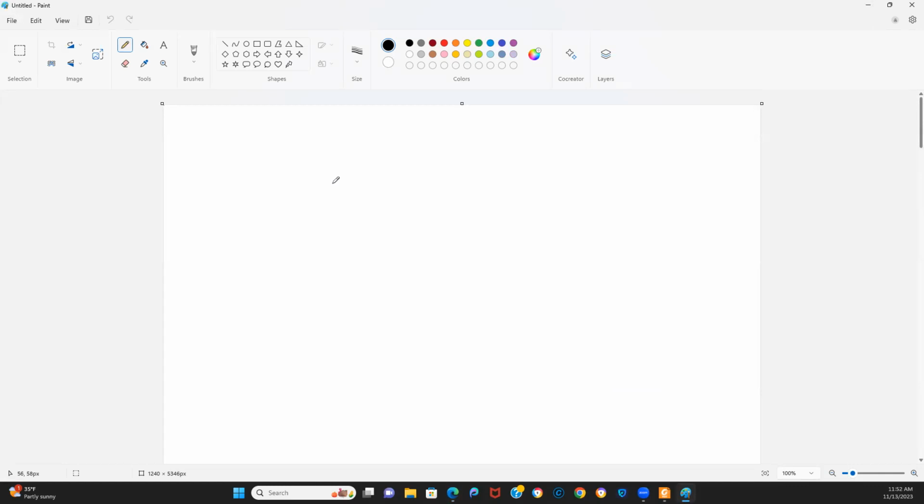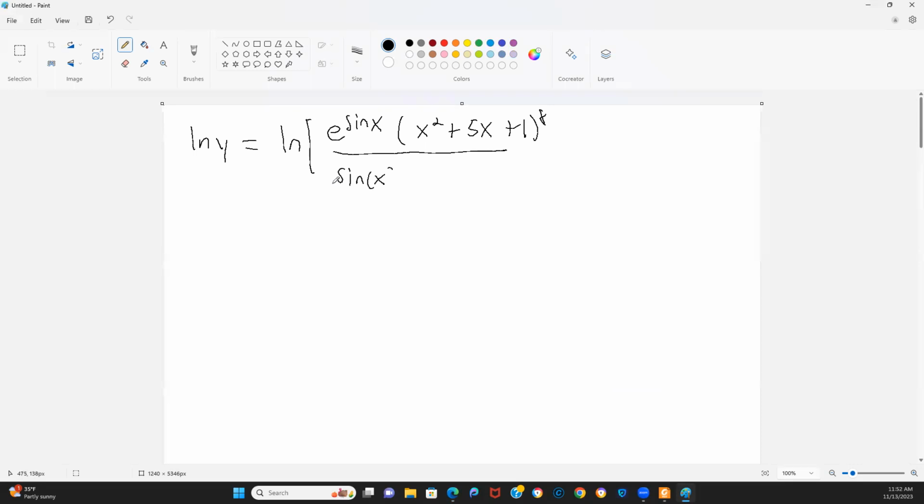So when you take the natural log of both sides, you get ln of e to the sine x times (x squared plus 5x plus 1) all to the 8th power over (sine of x squared plus e to the x) over (x squared plus 1) to the 6th. I feel like this is one I added. I don't remember. It's pretty awful though.